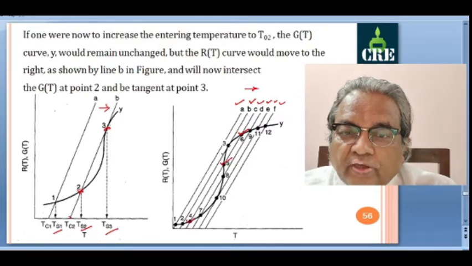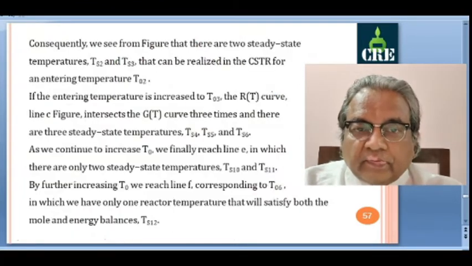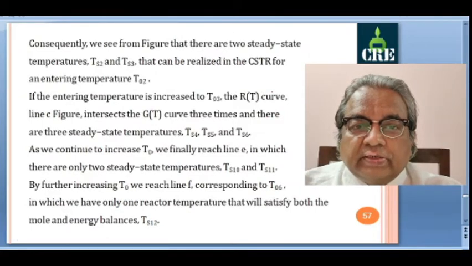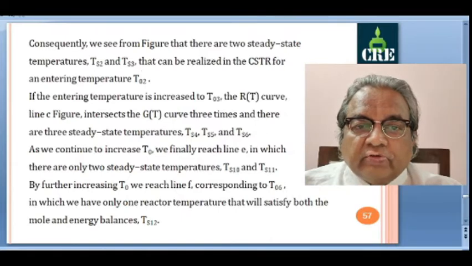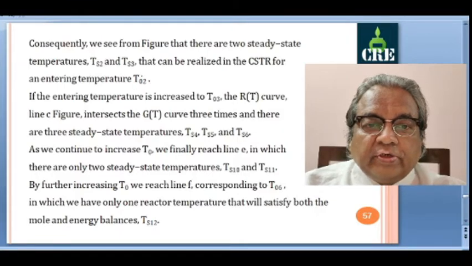So here 4, 5 and 6 are the points of intersection and those are the steady states. In the figure there are two steady states that we have seen, Ts2 and Ts3, for the entering temperature T02.